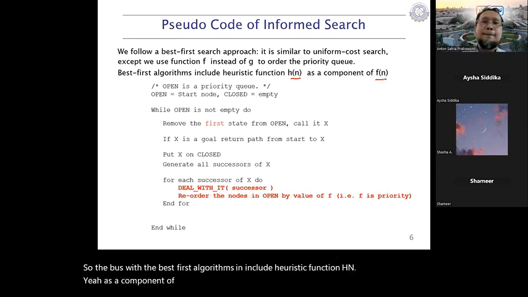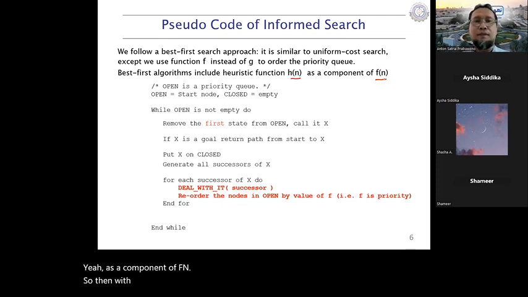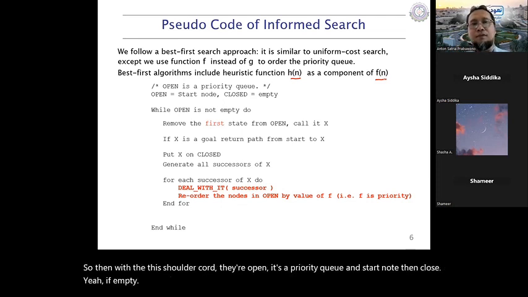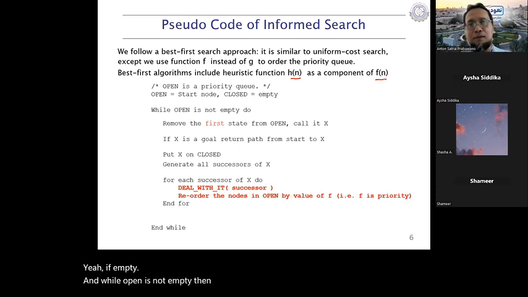With this pseudocode, open is a priority queue with the start node, and closed is empty. While open is not empty, we do the following.